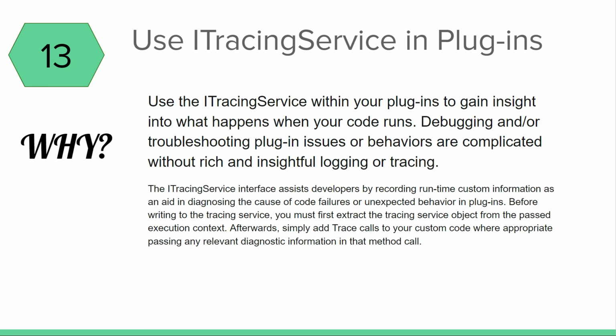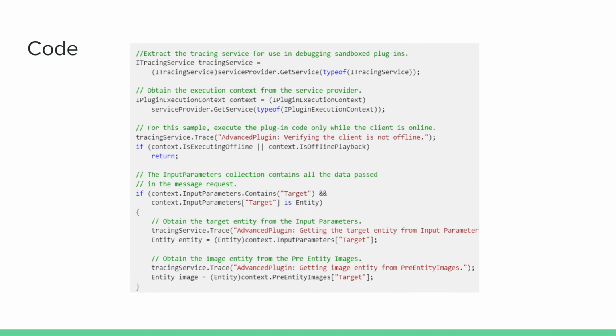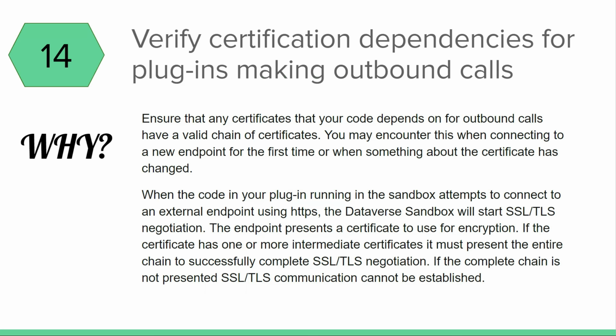Before writing to the trace service we must extract the tracing service object as we write in our plugin, and then we have to enable the plugin trace log in the system settings, and we can check the tracing information that has been logged. So this is how the code is written: ITracingService, and on the ITracingService object we use the Trace method to log the messages.